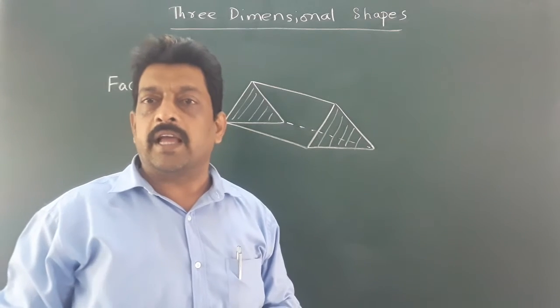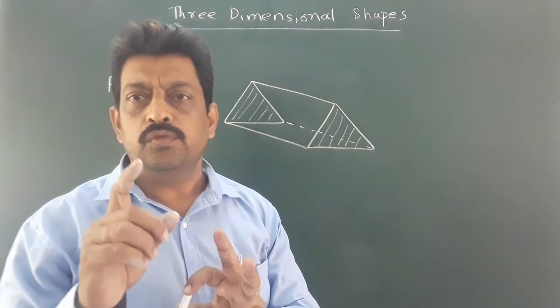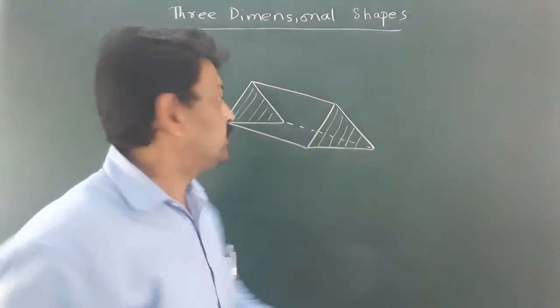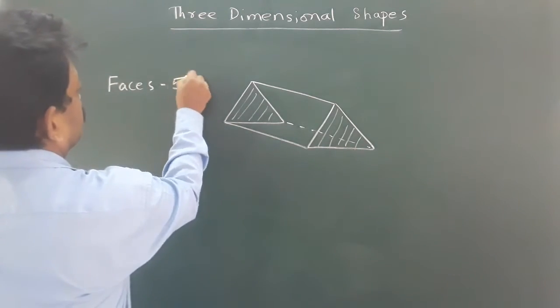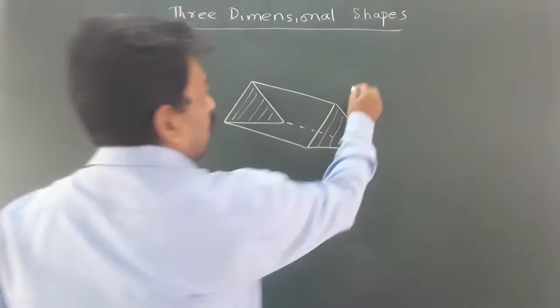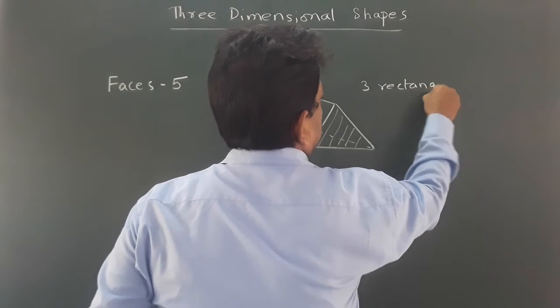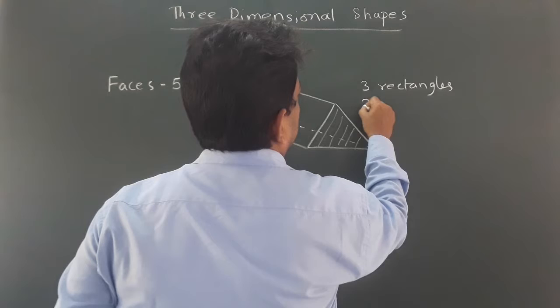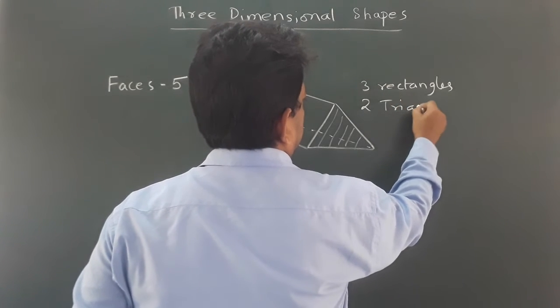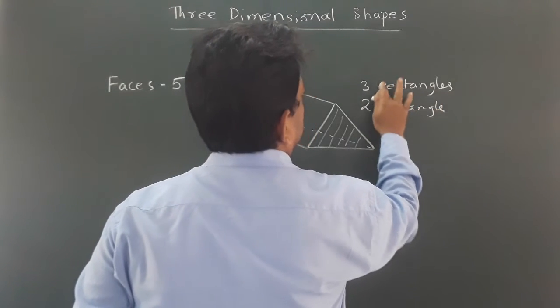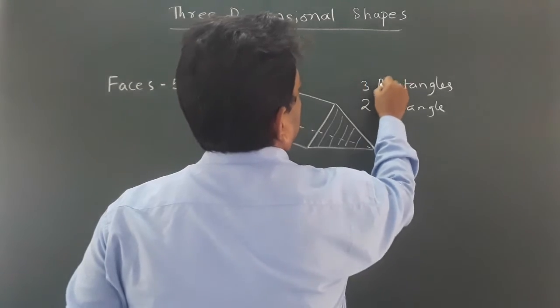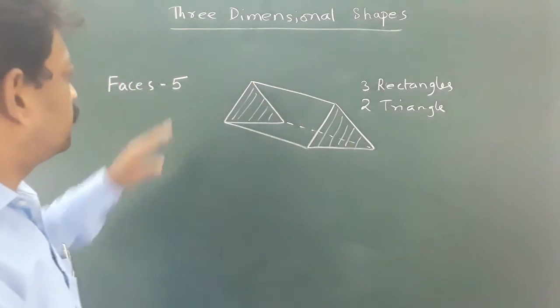So three rectangles plus two triangles, all total 5 faces. Out of 5, 3 are rectangles and 2 triangles. So all total 5 faces.